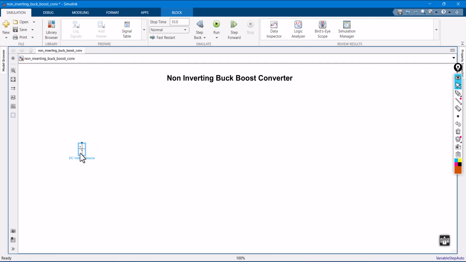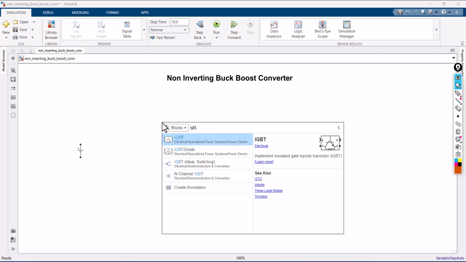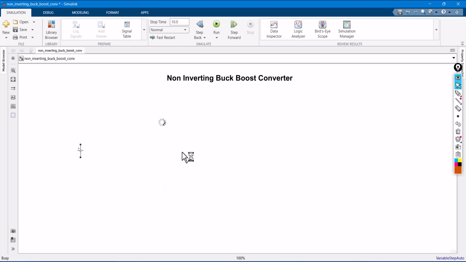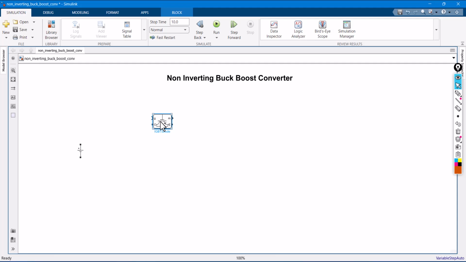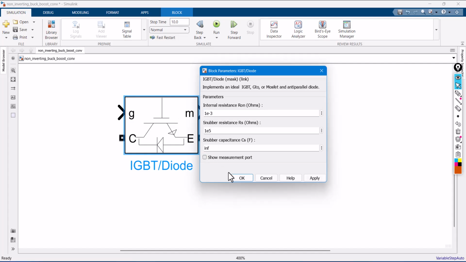Anyway, I will let you know the values later. I need two switches. Take IGBT. I don't want this M port, it's a measurement port, so I'm disabling that port.